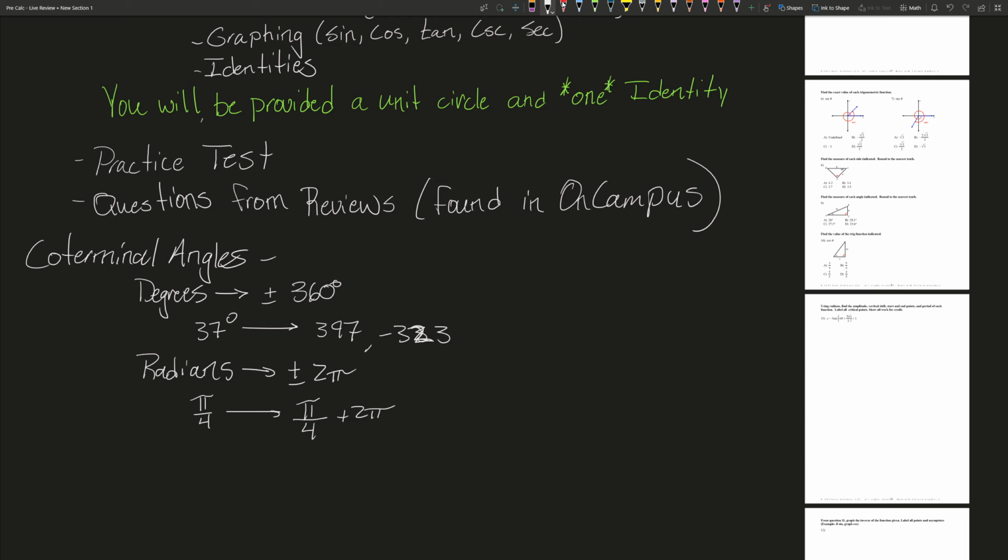To add these, we need a common denominator, so we multiply 2 pi by 4 over 4. Then we have pi over 4 plus 8 pi over 4, and we add across the numerator to get 9 pi over 4.